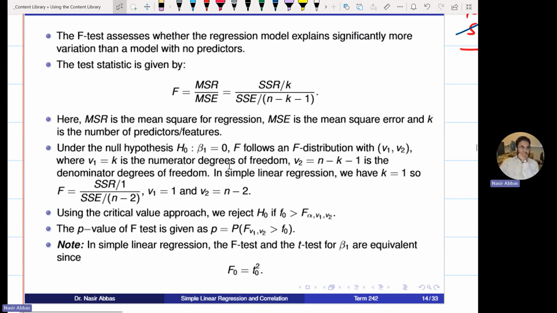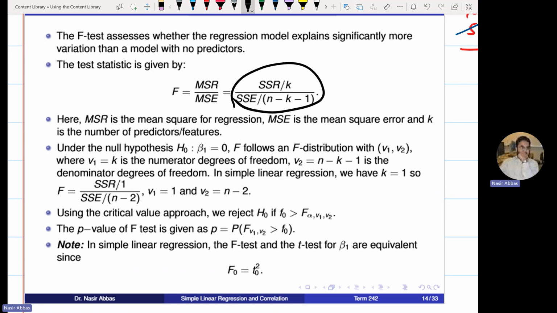Moving on, if you are interested in testing if the regression is good or bad, there is a formal F test. And this F test is based on the ratio between explained variation and unexplained variation.